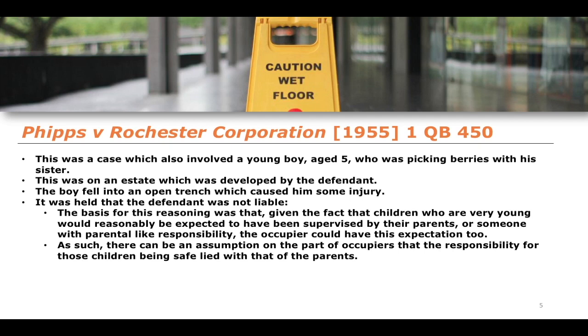And so we wouldn't expect every single occupier of any kind of property to have reasonably considered children wandering around on their own, age 5, and therefore be liable for any injury that is caused owing to the nature of the property, because children ought to be supervised by their parents at such a young age. So we can understand why this particular principle makes sense, or at least I hope you can understand why this principle makes sense.